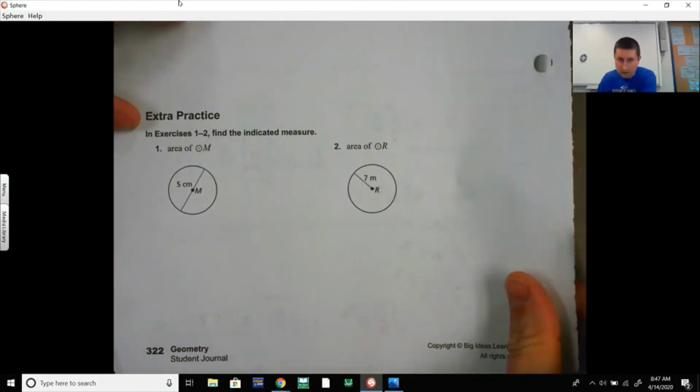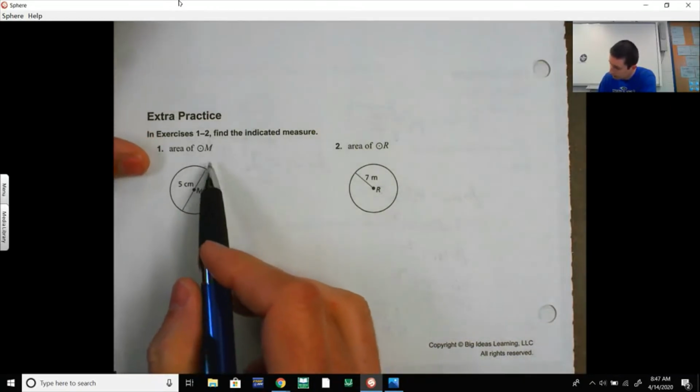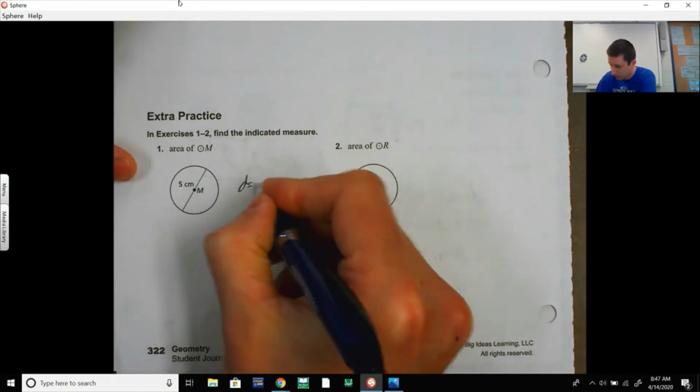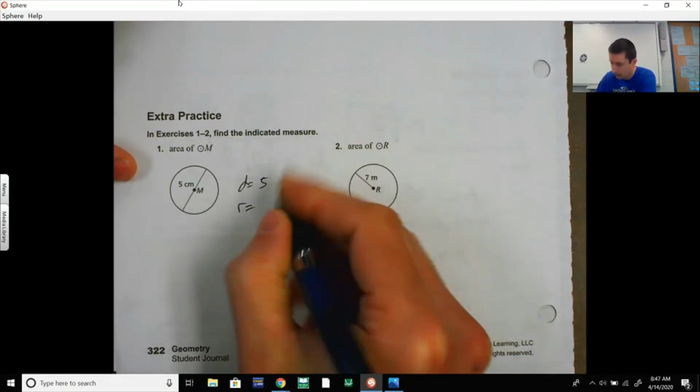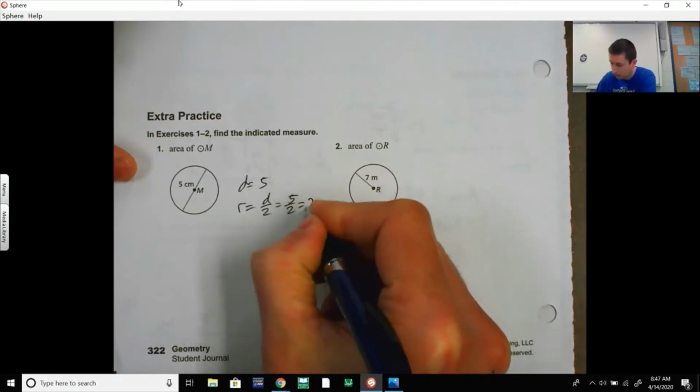Find the indicated measure: the area of circle M. So this is your diameter. Diameter equals 5, so you need your radius. Radius equals diameter divided by 2, which is 5 over 2, which is 2.5.